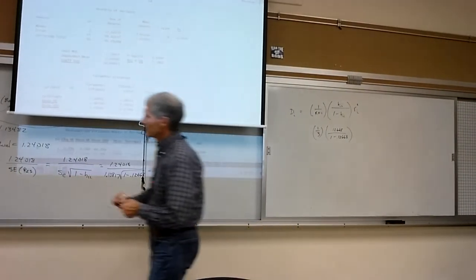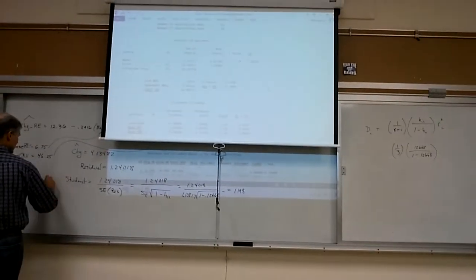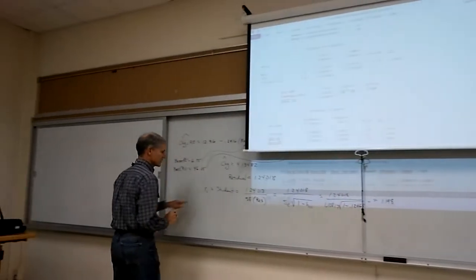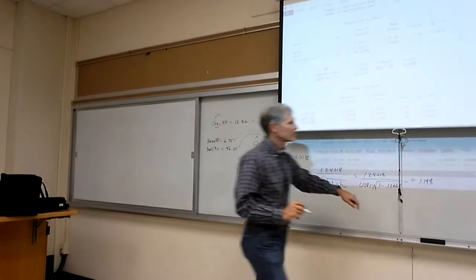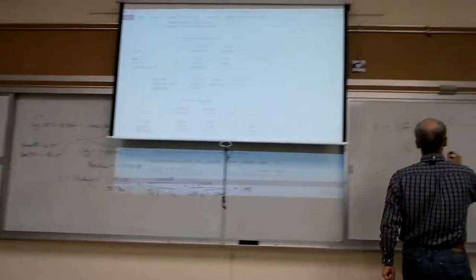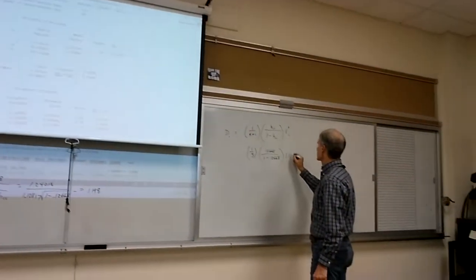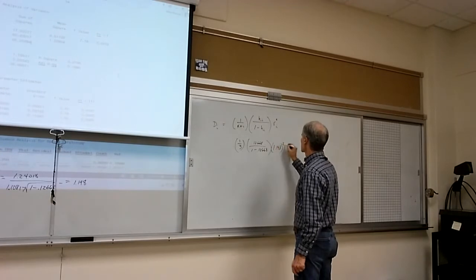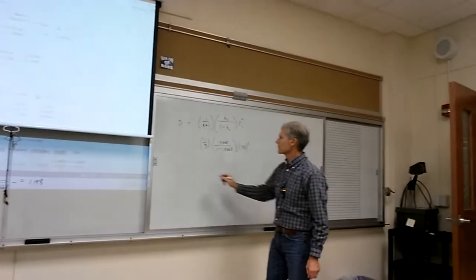This is r sub i. I didn't write it with that notation, but this is r sub i, the studentized residual. So 1.198 quantity squared.